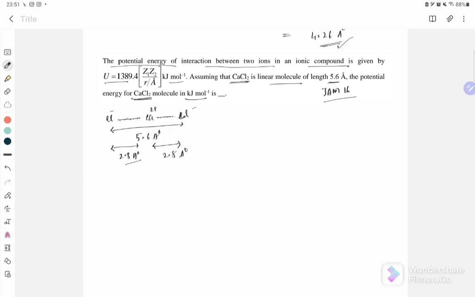So when will the potential energy come? This is a cation, this is an anion.